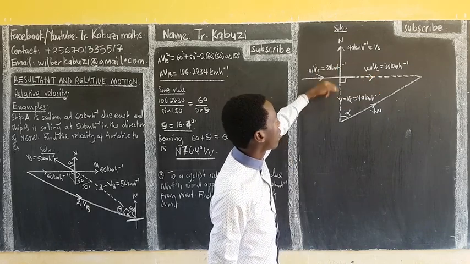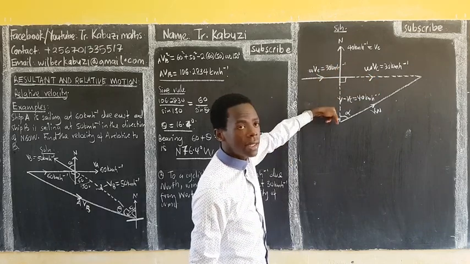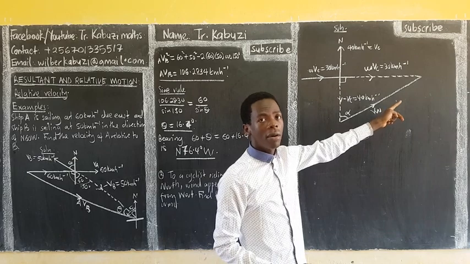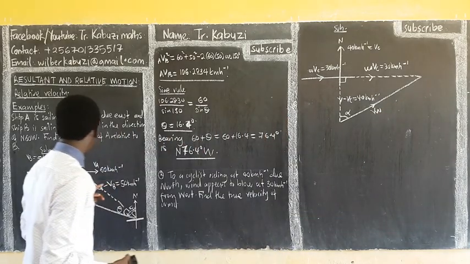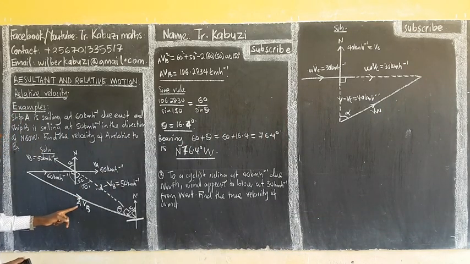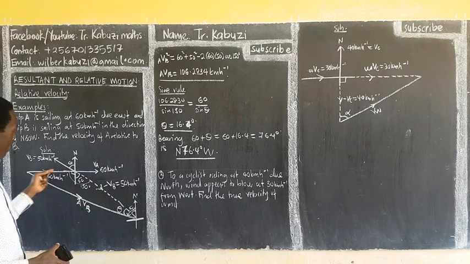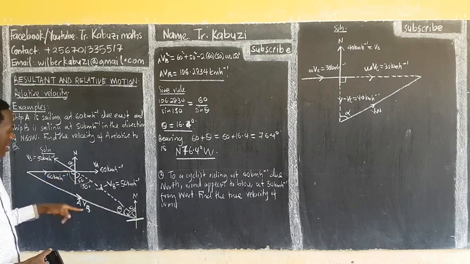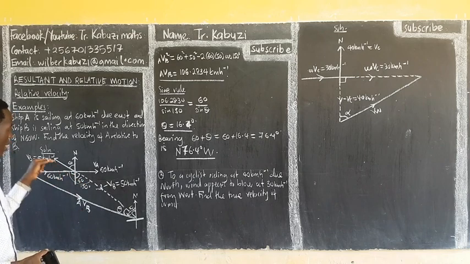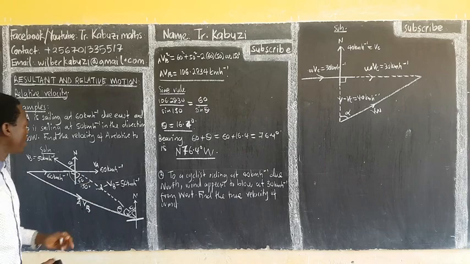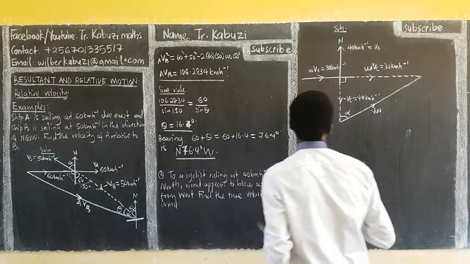That's why for the cyclist we move to the opposite direction, then we add the positive of the wind. Here the same case: A relative to B, we get the positive of A plus the negative of B. So this one changes the direction. I think you get it there.